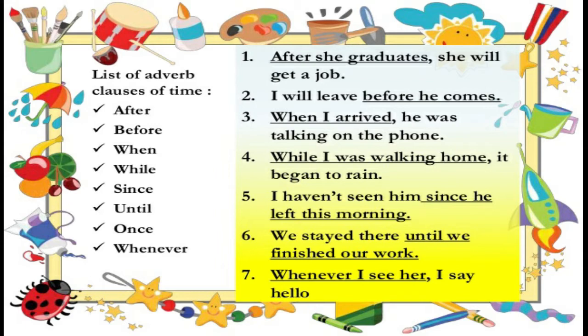When I arrived, he was talking on the phone. When I arrived is again an adverbial clause. Next we have, while I was walking home, it began to rain. It began to rain is the main clause, and the subordinate clause begins with while. Fine. Next one, I haven't seen him since he left this morning.